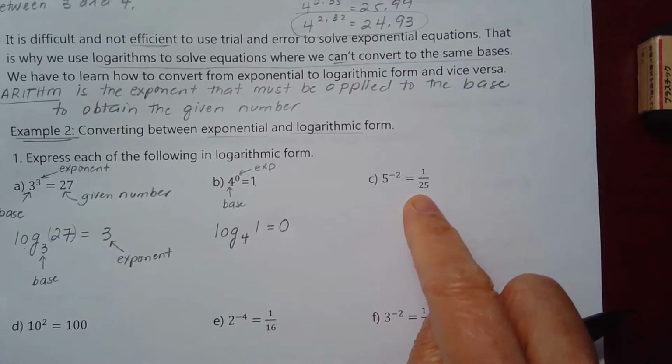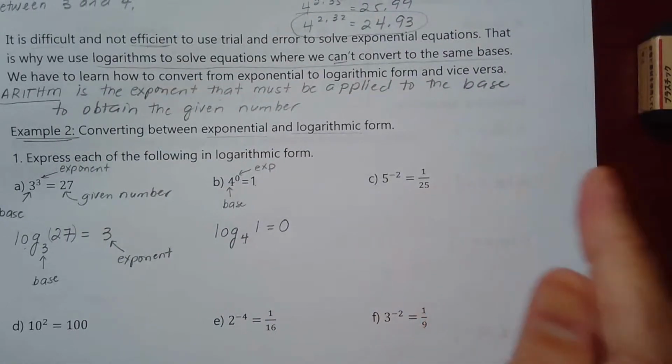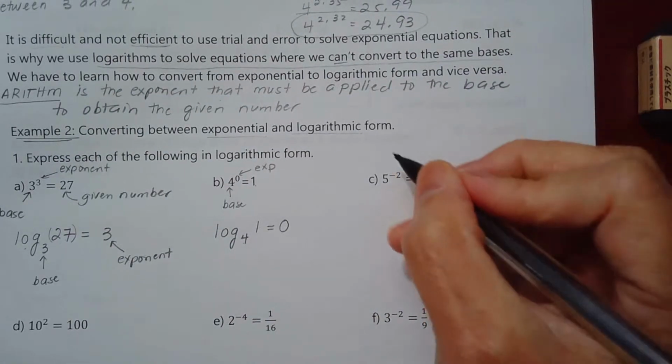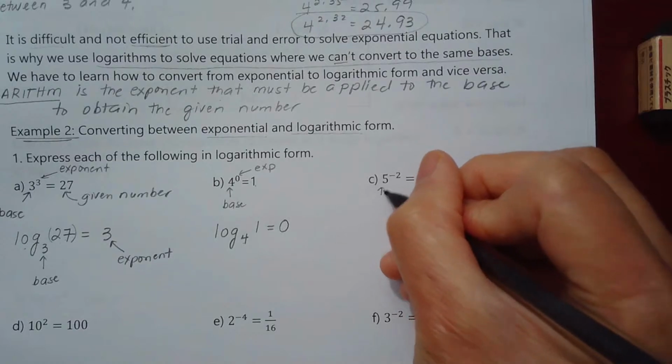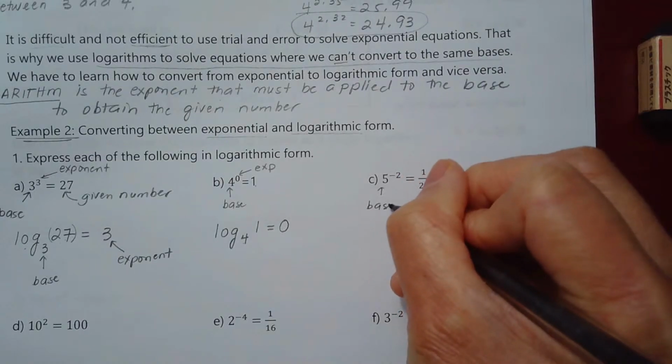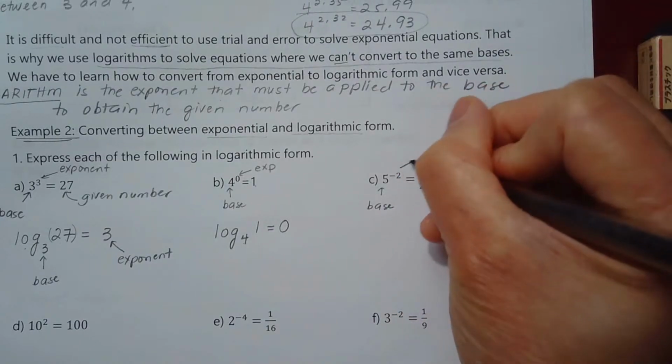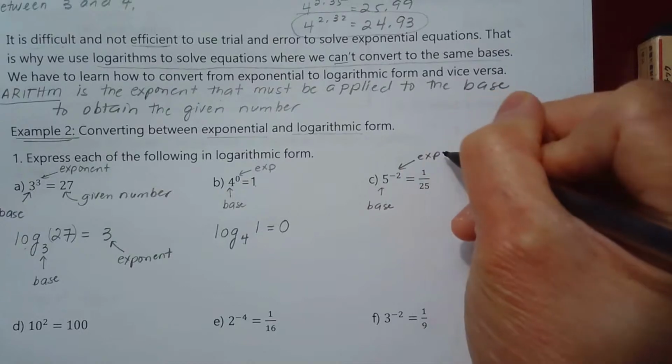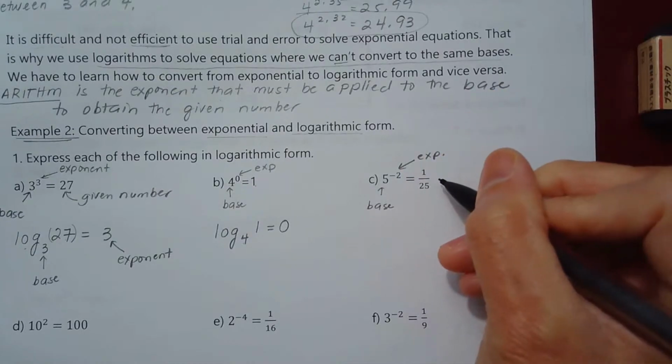Take a look at this one in here. Okay. So which one is the base? This is the base. This is the exponent. And then this is the given number.